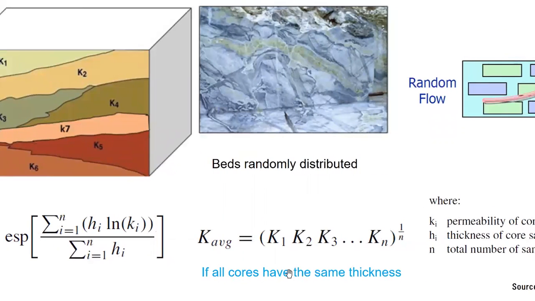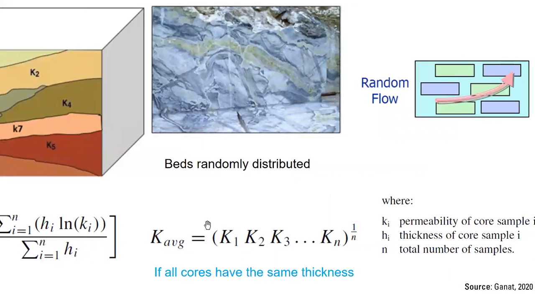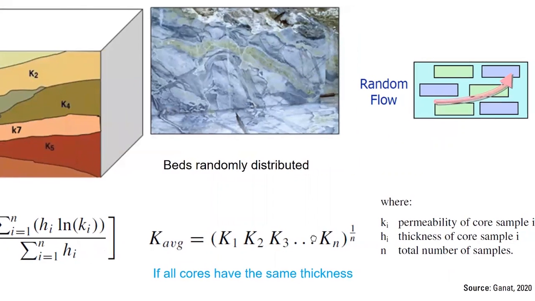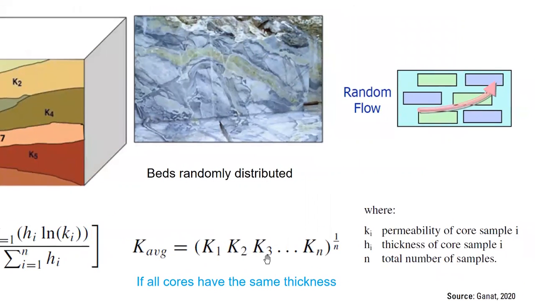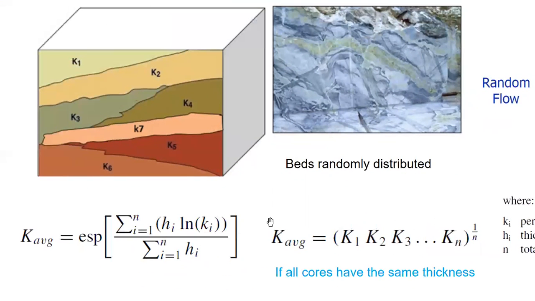If all cores have the same thickness, then the averaging can be like this, just K1, K2, K3, all the way through Kn, and all of them powered by 1 per n. N is the total number of samples. Or if the thicknesses are different, then it can be like this.